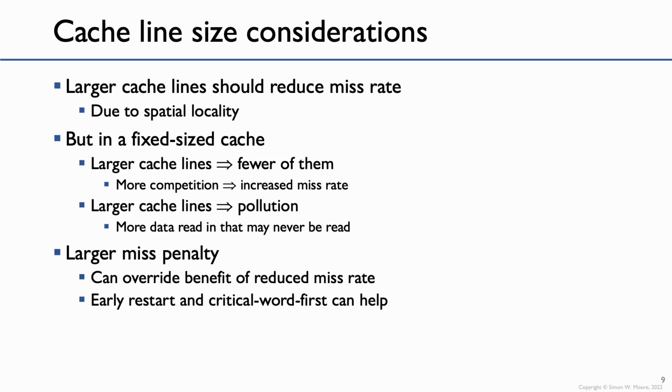Now there are techniques to mitigate that a bit, and in particular, if you get a cache miss, not only do you say, I want to load this cache line into my cache, please, but you usually say which word you need first, and that helps with the miss penalty.